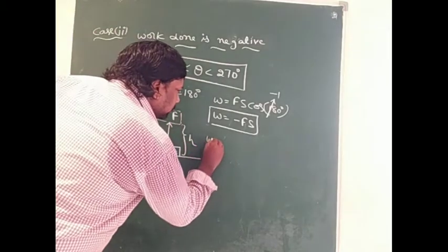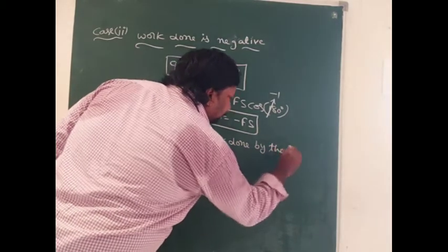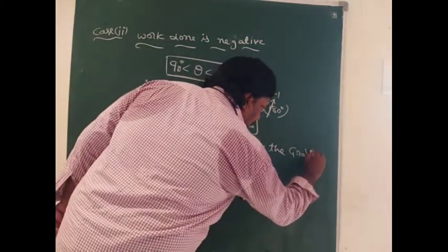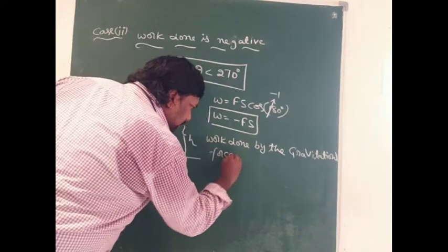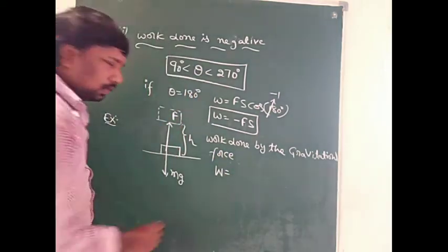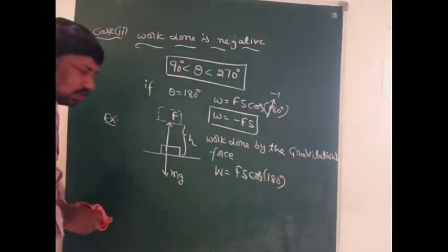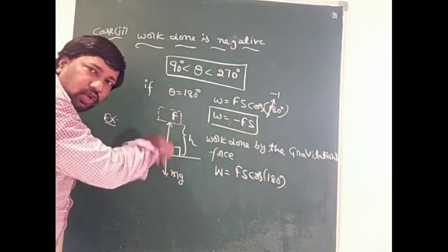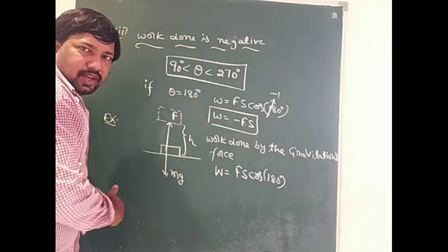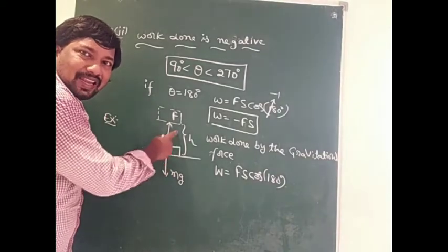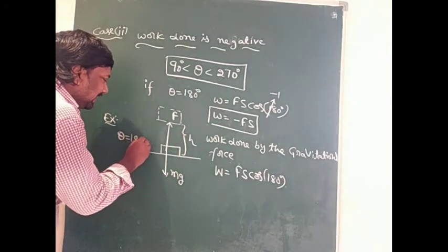The gravitational force acts downward but the displacement h acts upward, so these are anti-parallel vectors and theta between force and displacement is 180 degrees.